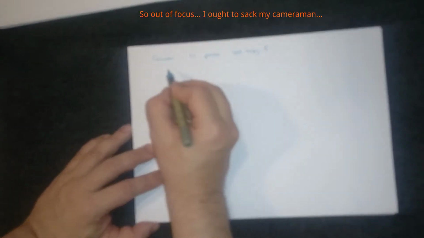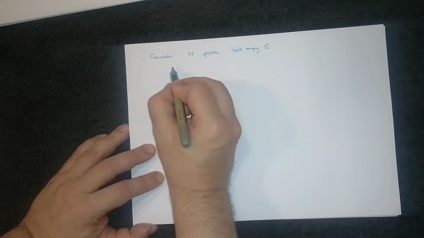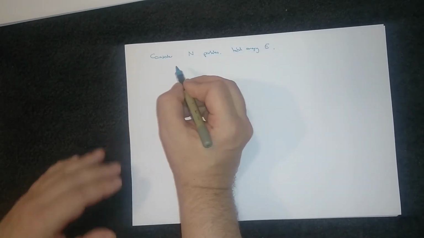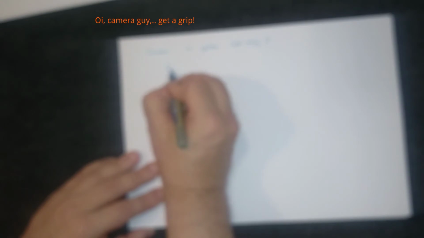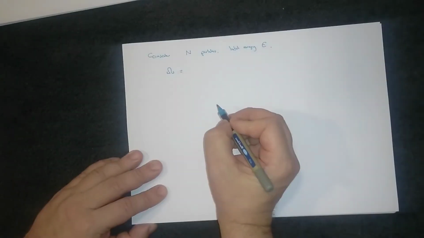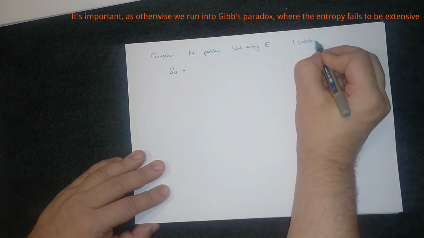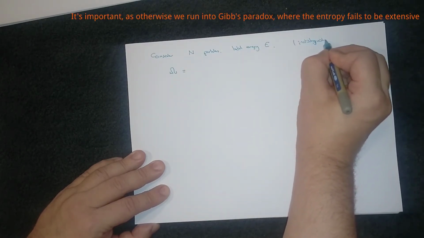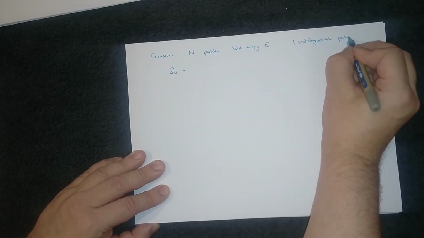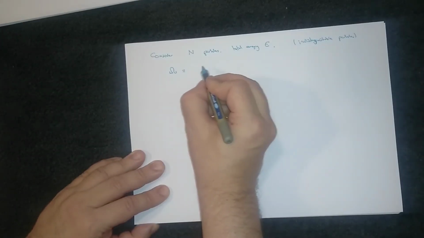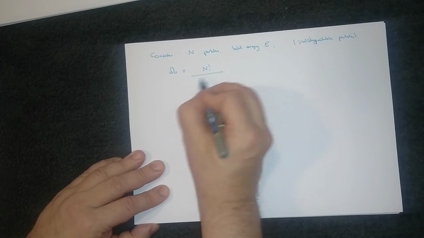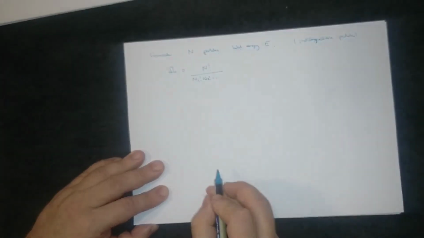So if there are states labelled 1, 2, 3 and so on up to however many you like, the number of ways of arranging distinguishable particles in a state is given by the multinomial coefficient N factorial over n1 factorial, n2 factorial and so on. This is rather important.